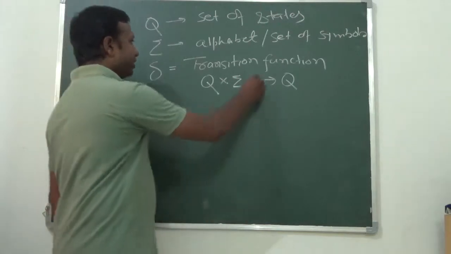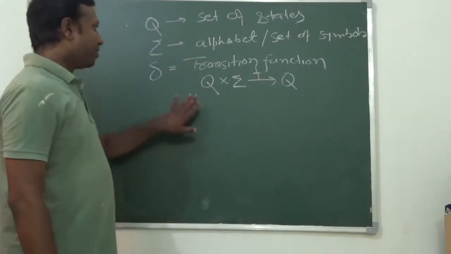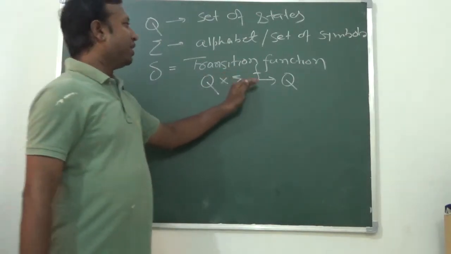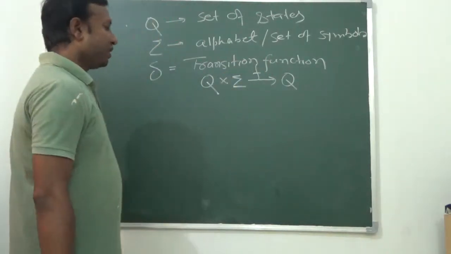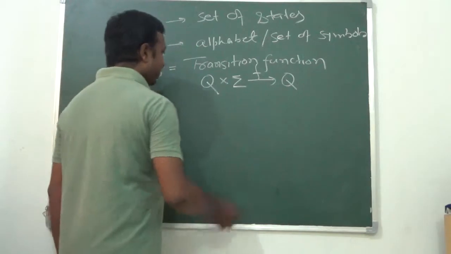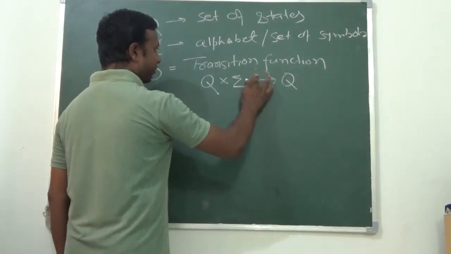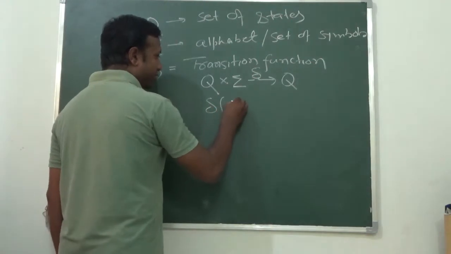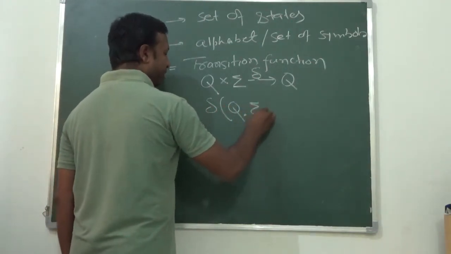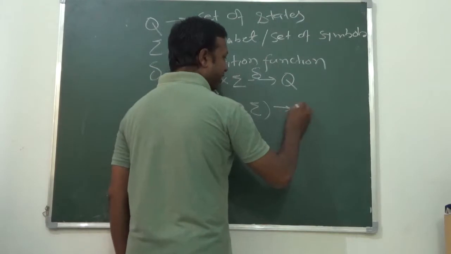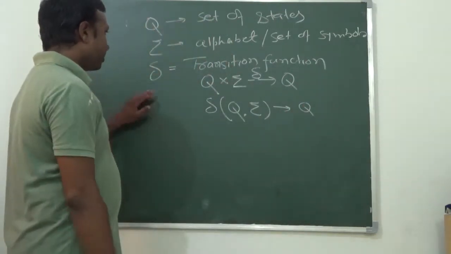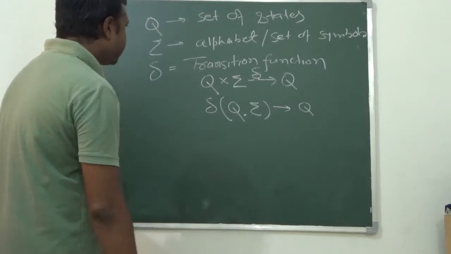In other words, del of q, sigma is giving you something from Q. So that is the meaning of del.